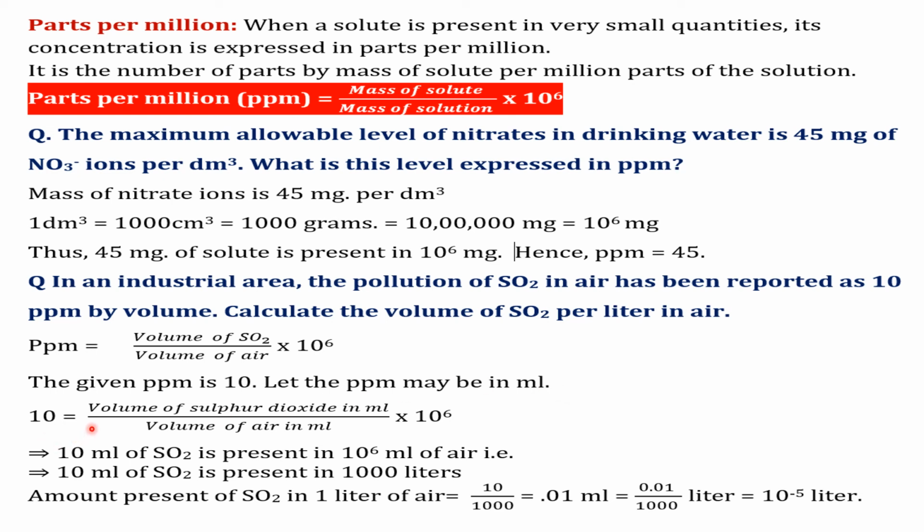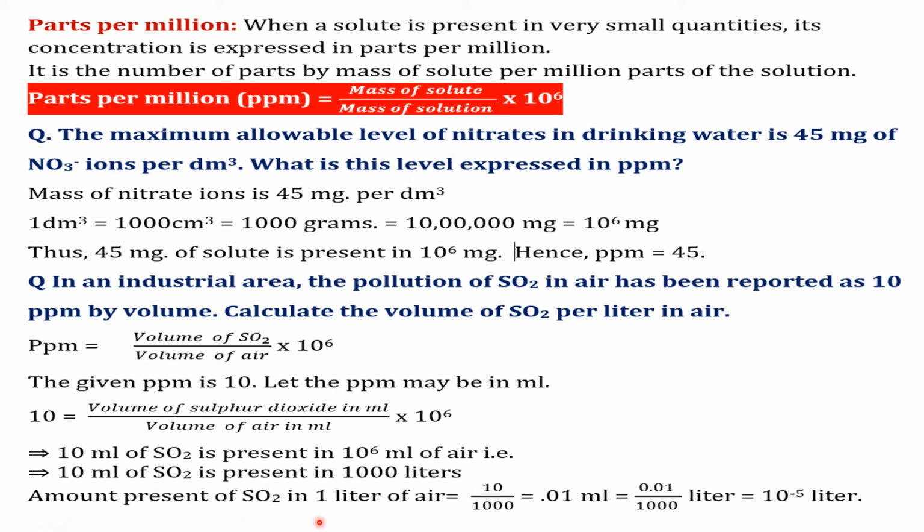So 10 is equal to volume of sulfur dioxide in milliliters by volume of air in milliliters into 10 power 6, as per the formula. Now 10 ml of SO2 is present in 10 power 6 milliliters of air. That is, 10 ml of SO2 is present in 1000 liters of air.